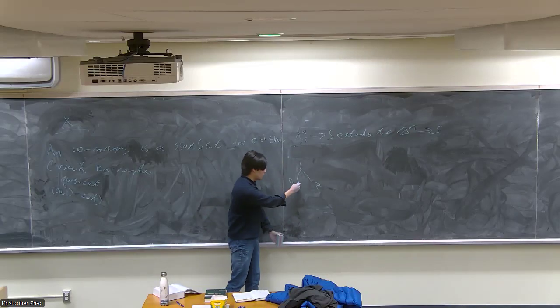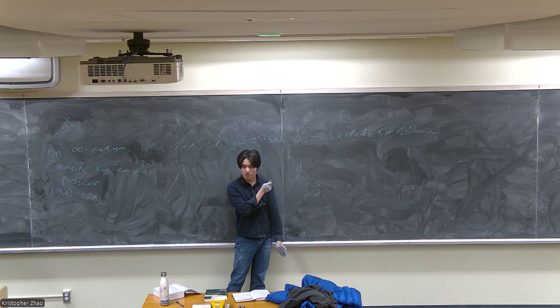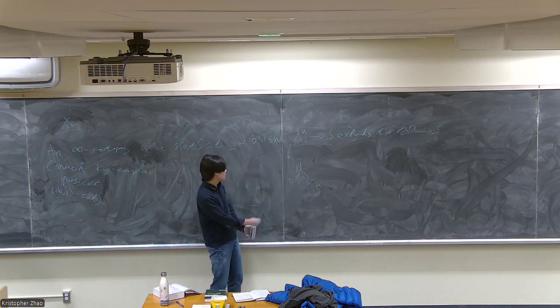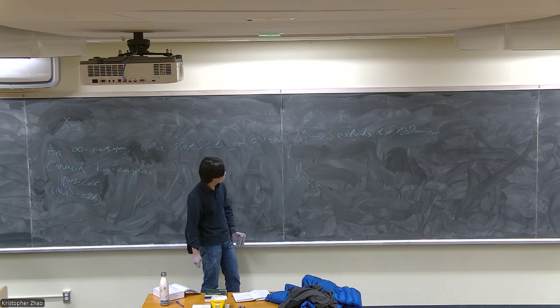If this is filled, then this is an infinity category. So this is a very strong condition, and this is the n equals 2 case, I believe. Yeah, that's true. And I can give more examples if people want, but what do we think?